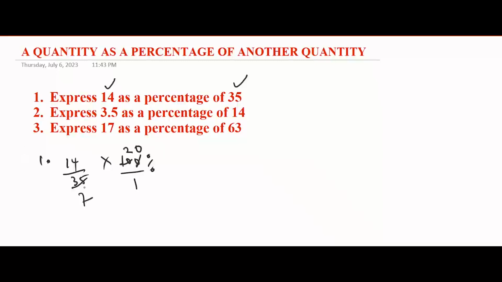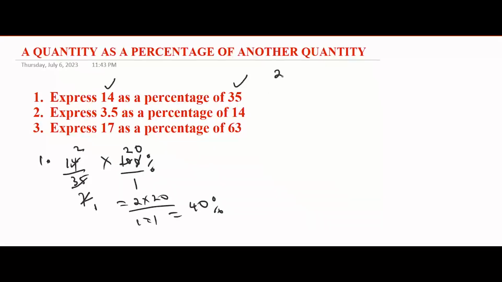So 7 goes here once, 7 goes into 14 twice. So that means we have 2 by 20 out of 1 by 1, which is the same thing as 40%. So that's our final answer for the first one.